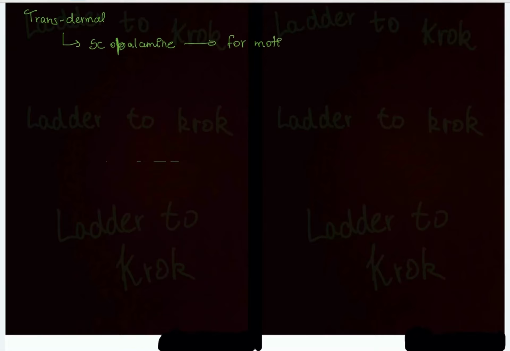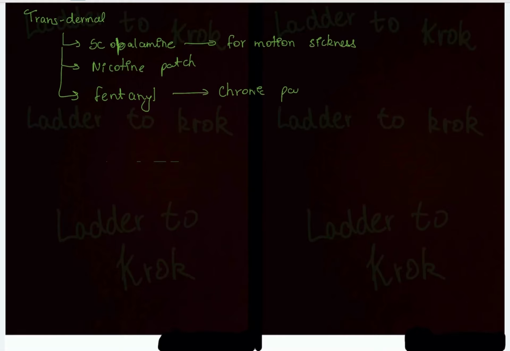For motion sickness, we give this drug, scopolamine. Like the nicotine patch, which we give to chronic smokers. They put that nicotine patch behind their ear or wherever they are comfortable, and the nicotine will be released in their body. It will help them to quit smoking. Like fentanyl, this is given for chronic pain. Chronic means long-term pain.